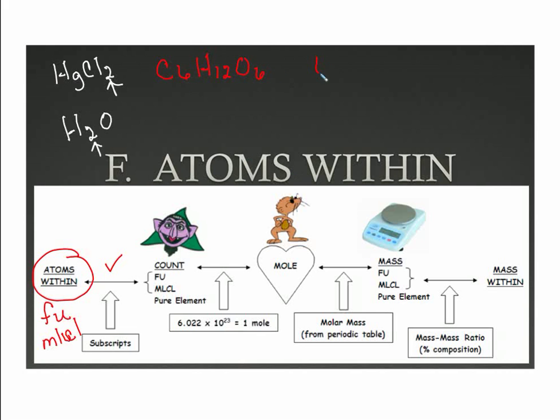What that formula tells me is that for every 1 molecule of C6H12O6, I am going to have available 6 carbons. So if I was going to combust it, for every 1 molecule, I have available 6 carbon atoms. So that's if you want to convert it this step.